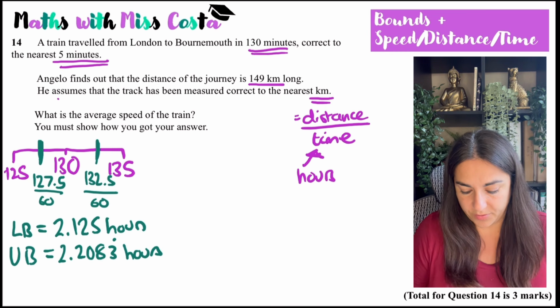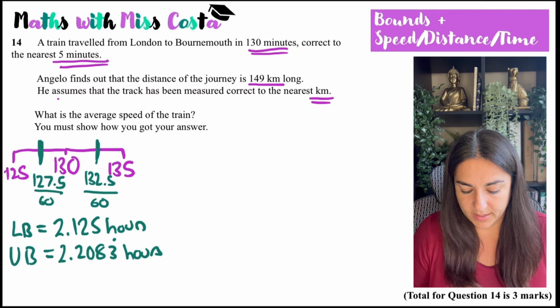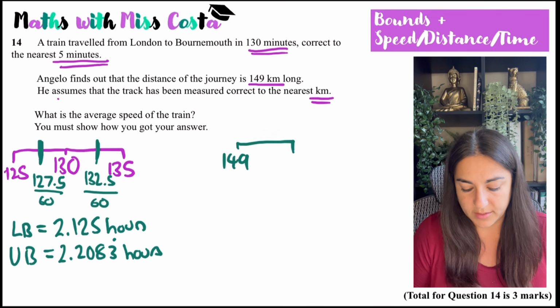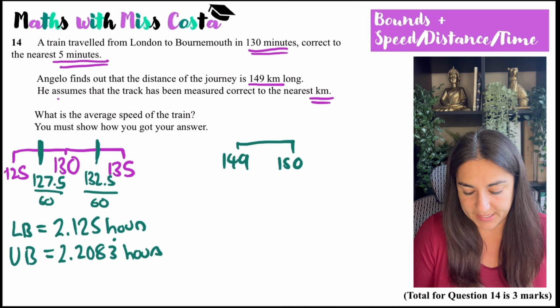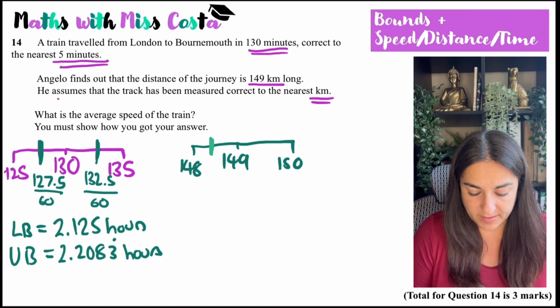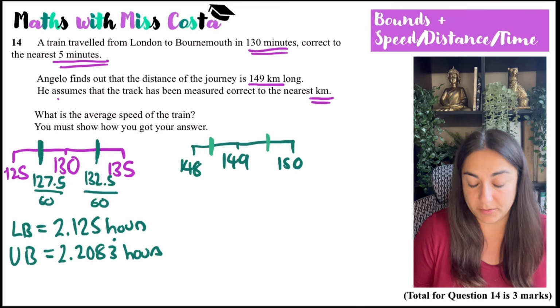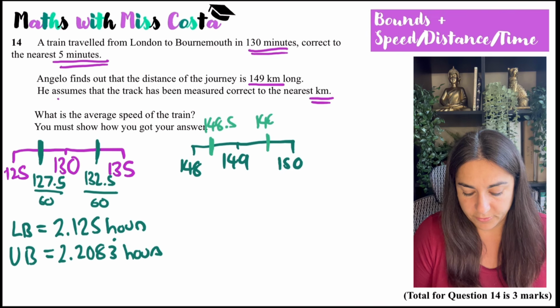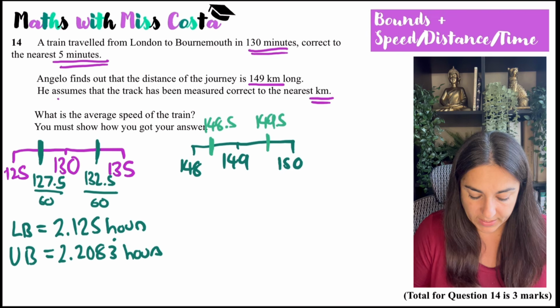Now, I know that the distance is 149 kilometers long, assumed to the nearest kilometer. So again, I add 1 kilometer above, 1 kilometer below, and to find the upper and the lower bound, I'm going to do the midpoint. So that would be 148.5 for the lower bound and 149.5 for the upper bound.